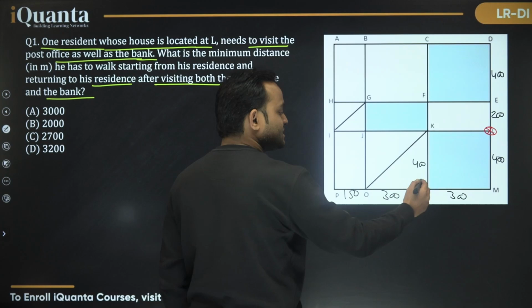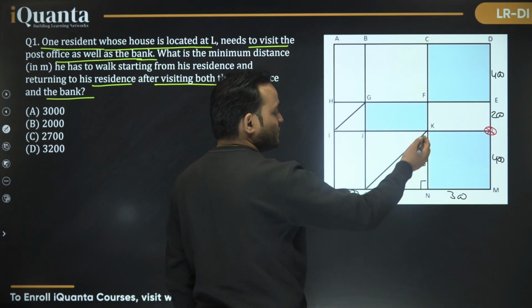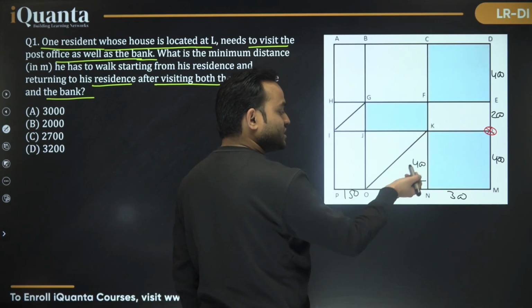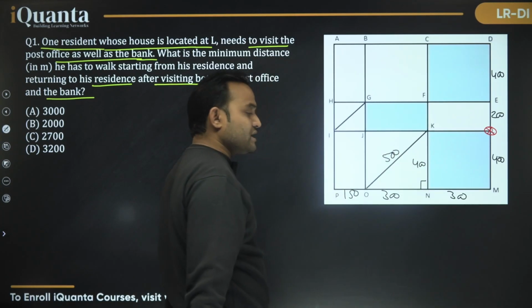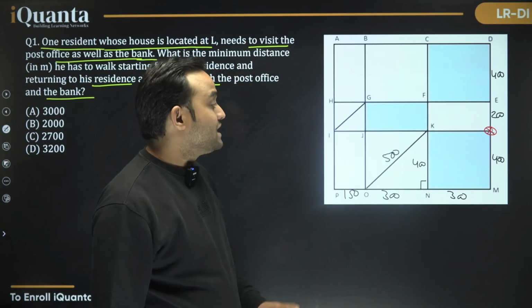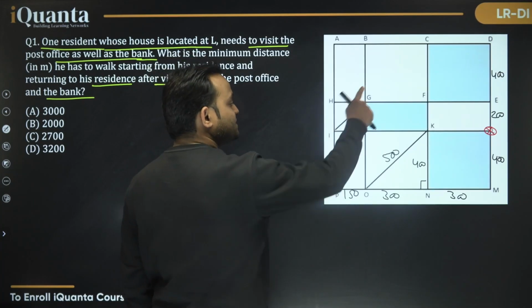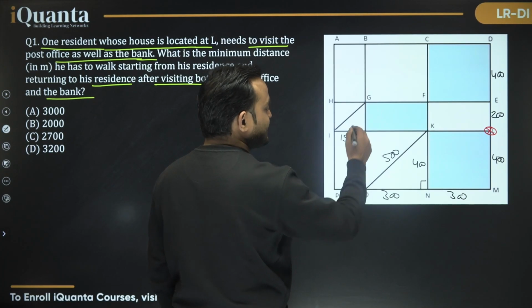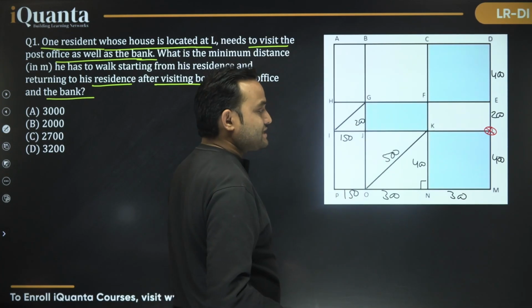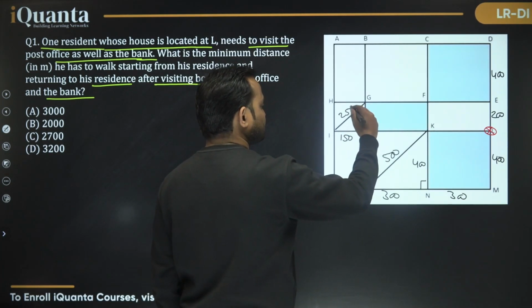In that case, using Pythagoras, OK will be the square root of 300 square plus 400 square, which is 500 square. So the length of OK will be 500. Similarly, the length of GI. So IJ is 150, GJ is 200, can we say that GI will be 250?